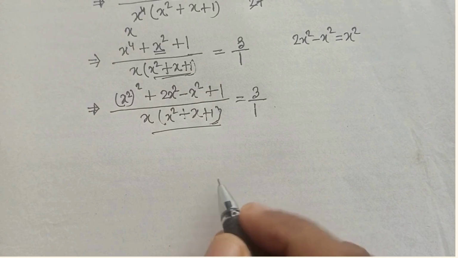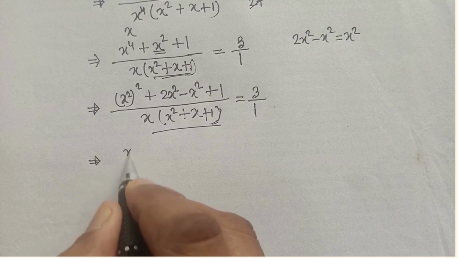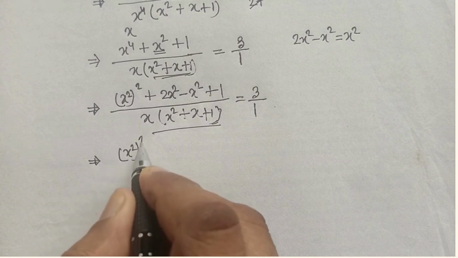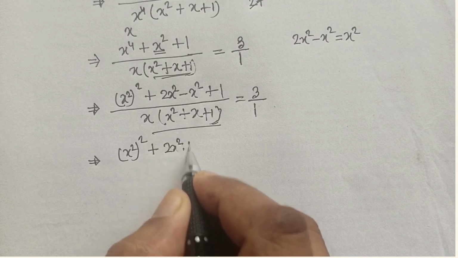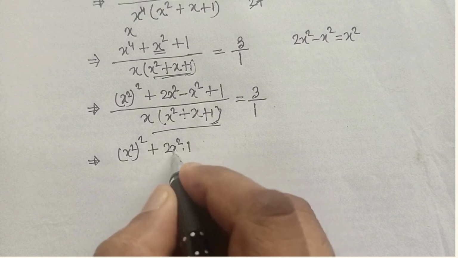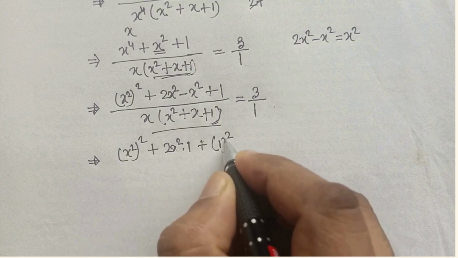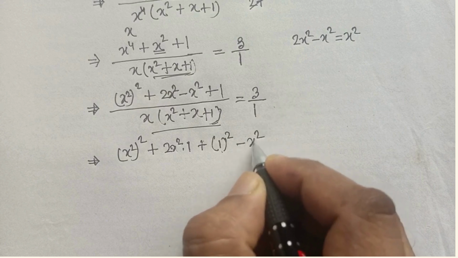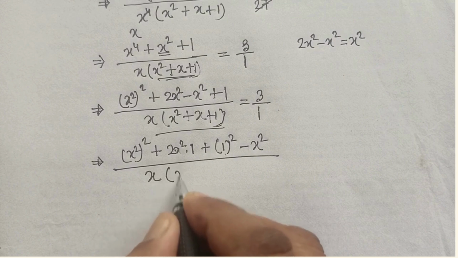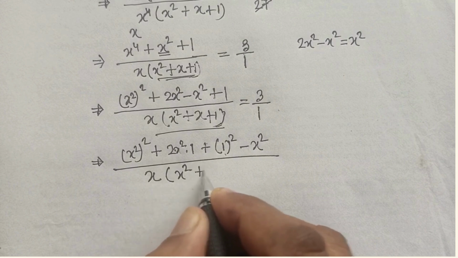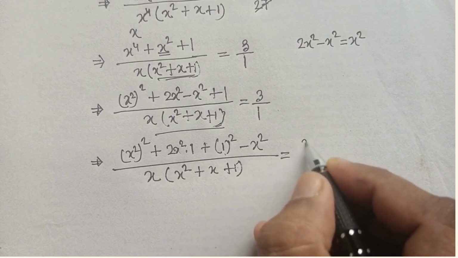Okay, so now we are just expressing the equation in a simplified way, (x^2 + 1)^2 minus x^2, and the denominator should be the same, x(x^2 + x + 1), equal to 3/1.